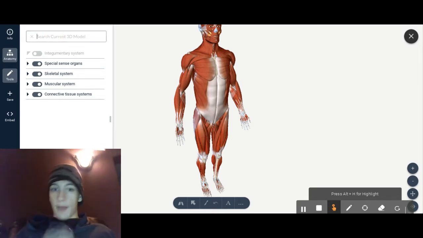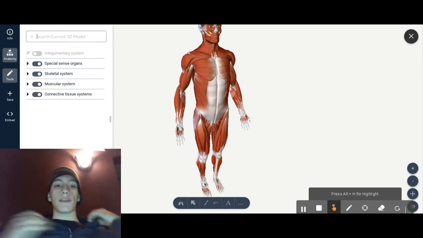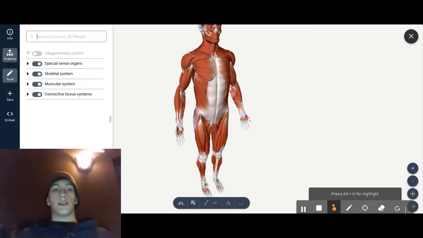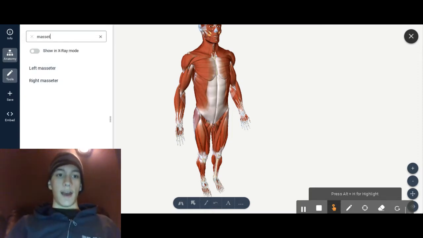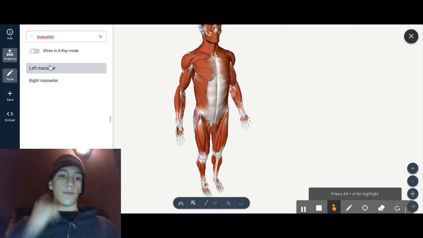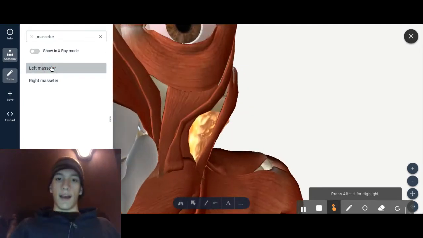First up, I'm going to use this lovely tool called BioDigital at human.biodigital.com. I am going to search up the first muscle on our list, called the masseter. And you have two, of course, one for this side and one for that side.